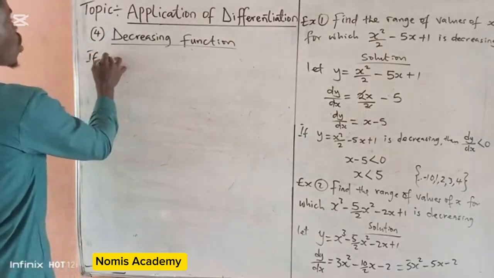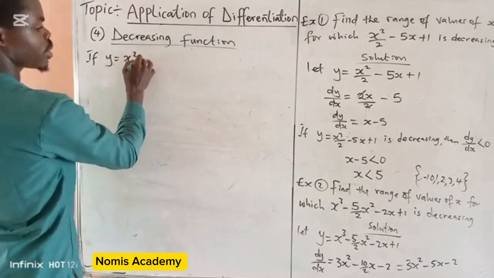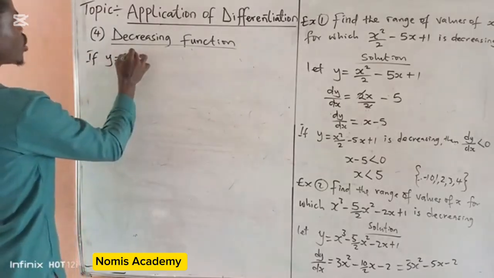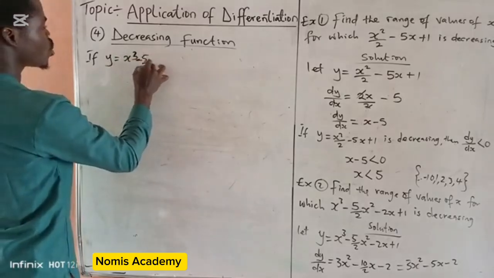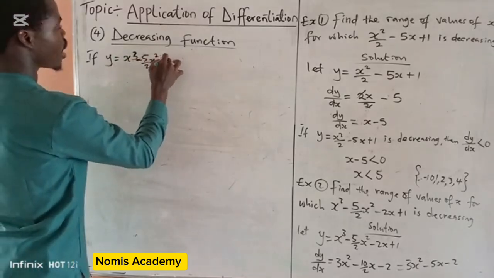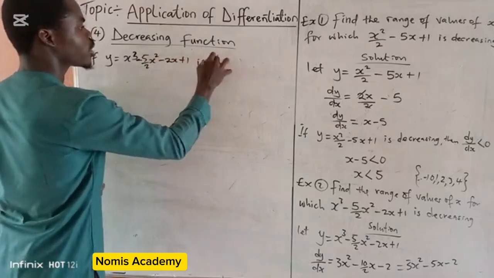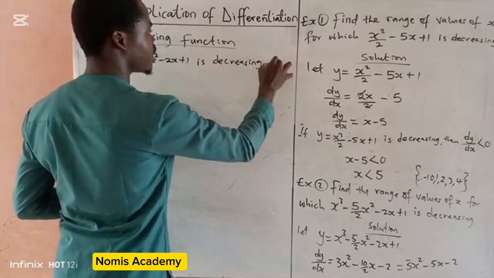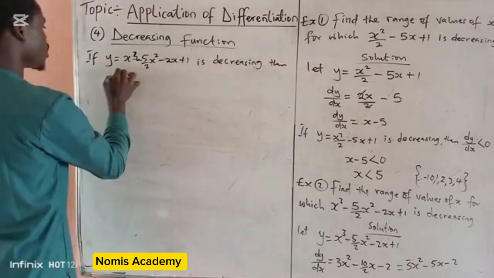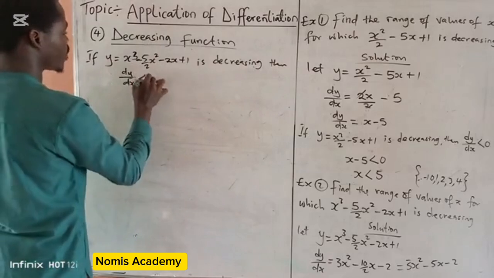If y equals x cubed minus 5 over 2x squared minus 2x plus 1 is decreasing, then dy over dx must be less than 0.